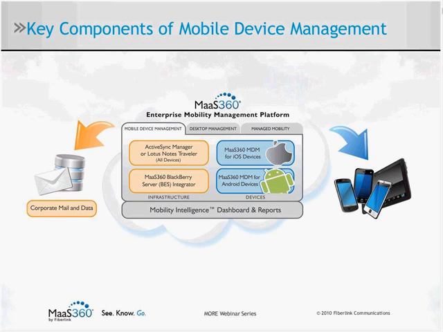Before getting into the session, I did just quickly want to review the MaaS360 mobile device management cloud-based infrastructure. The Manager requires our Cloud Extender software to interface with your Exchange server, your Lotus Traveler server, or your BlackBerry Enterprise server.